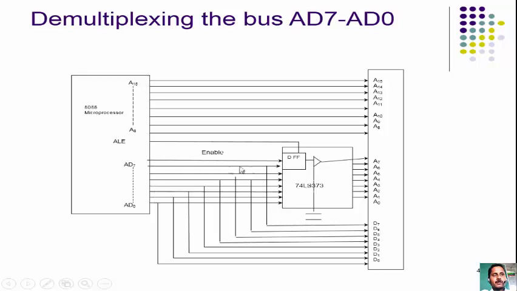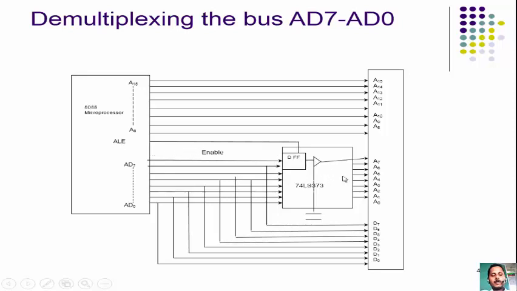Then directly these lines are connected to a latch kind of IC, the IC 74LS373 latch IC. So the latch IC consists of D flip-flops. So here total 8 D flip-flops you will find with the 8 input signals. Now in this diagram only one D flip-flop they have shown with output buffer, and the controlling of this D flip-flop is with the help of the ALE signal.